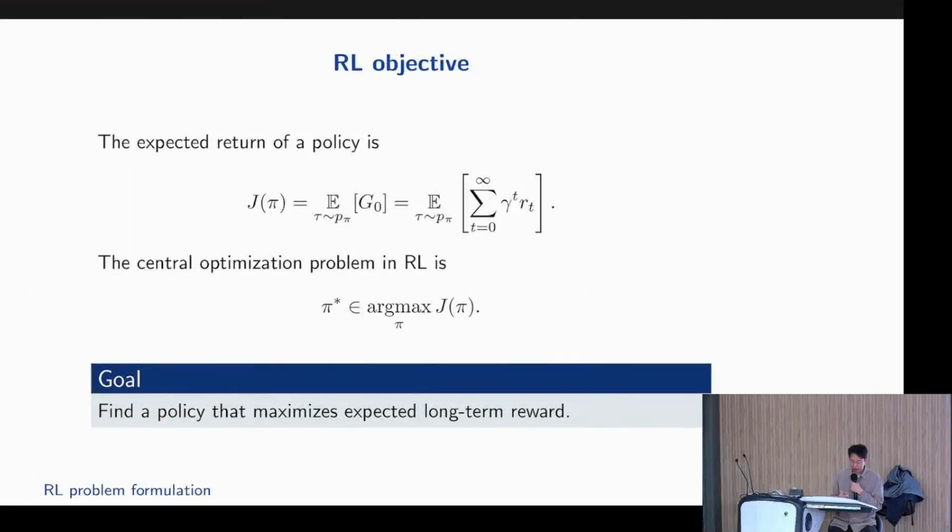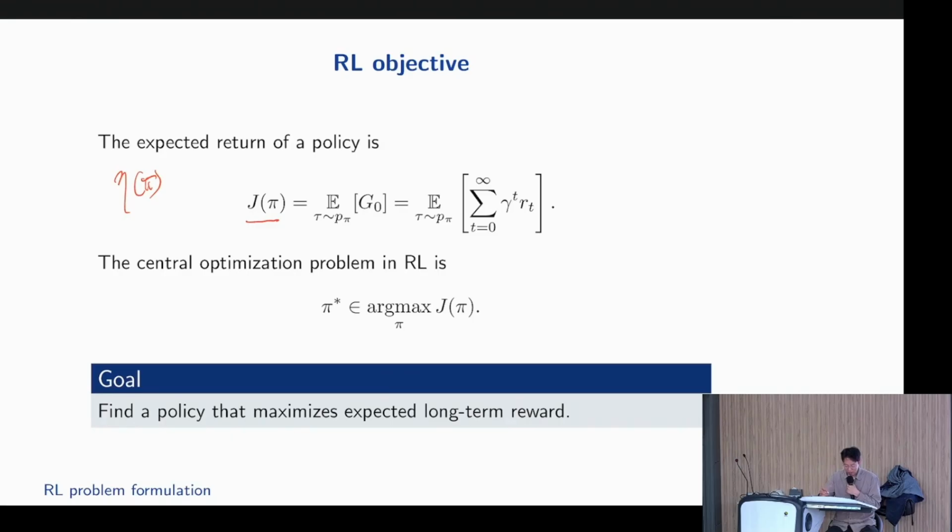Okay, so what's the objective? So this is always a goal, right? We want to formulate some type of optimization problem at the end. What's our optimization objective? So in RL, there's a designated letter for the expected return of a policy. It's J, or depending on the paper, it's eta of pi.